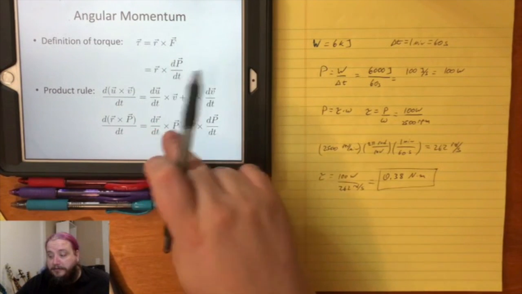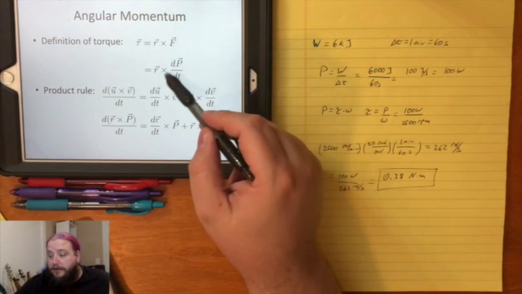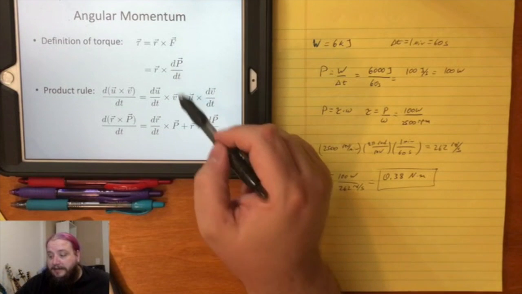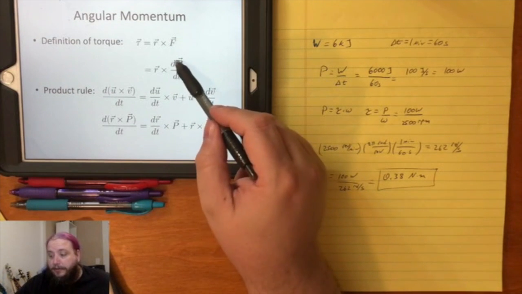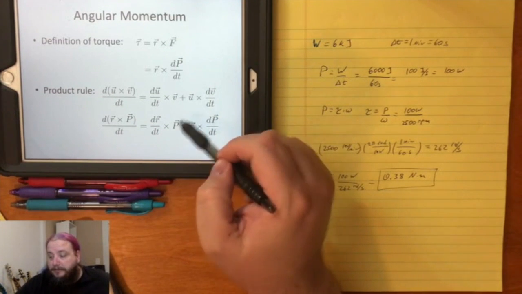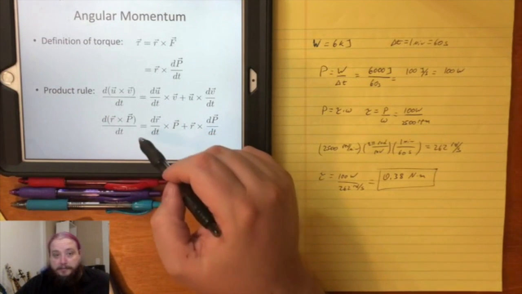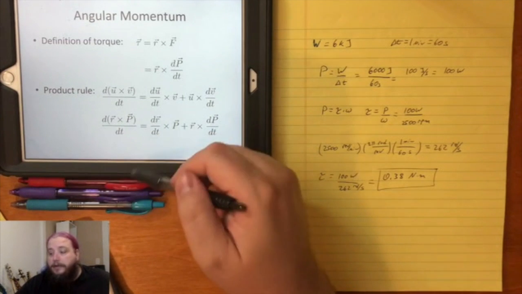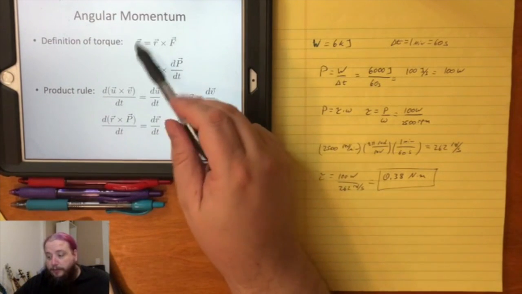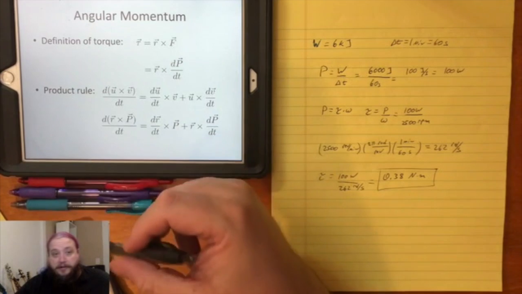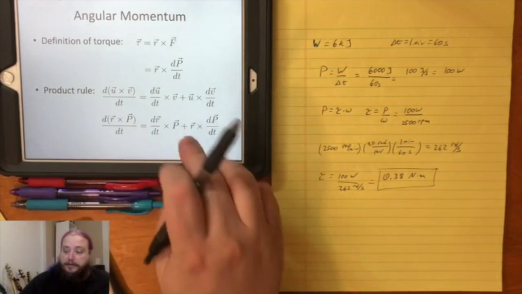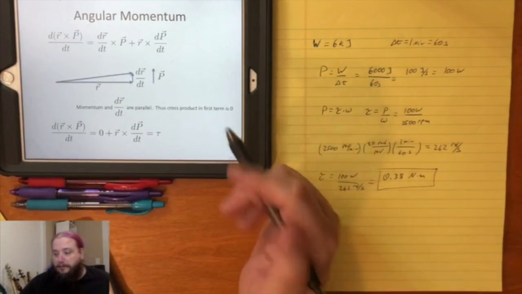So the first term is 0. So this r cross the time rate of change of momentum is also the time derivative of the quantity r cross p. So this being equal to torque means that r cross p is a good candidate for being our angular momentum.